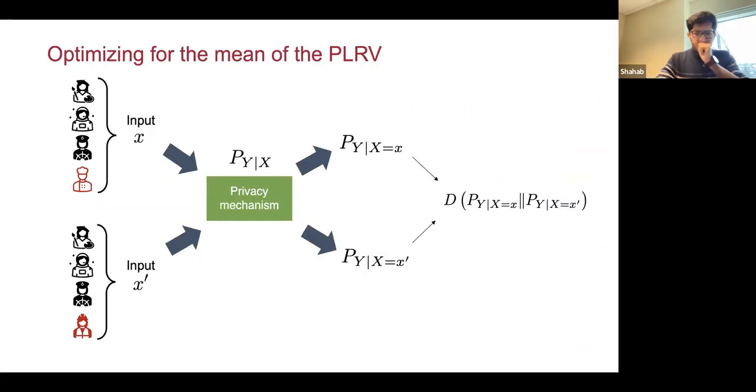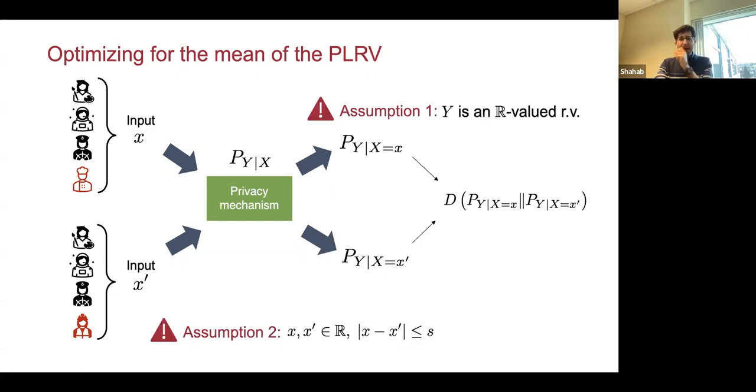Okay, so this is the setting that we have. We have two distributions, P(y|x) and P(y|x'). And now we are looking at the KL divergence between these two distributions. As you may recall, the goal is to minimize this KL divergence, because minimizing KL divergence leads to minimizing delta.